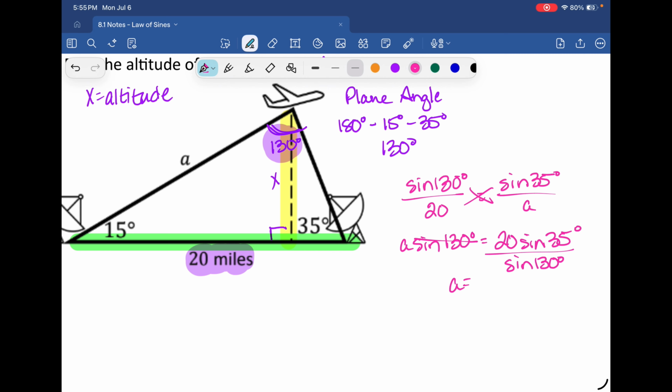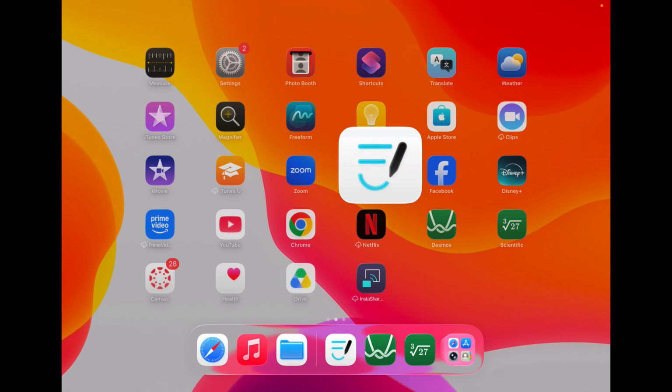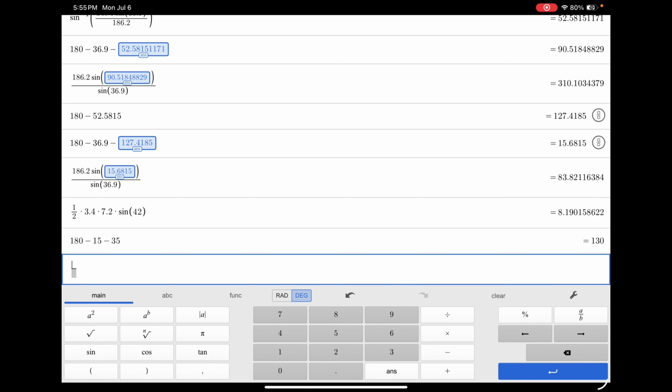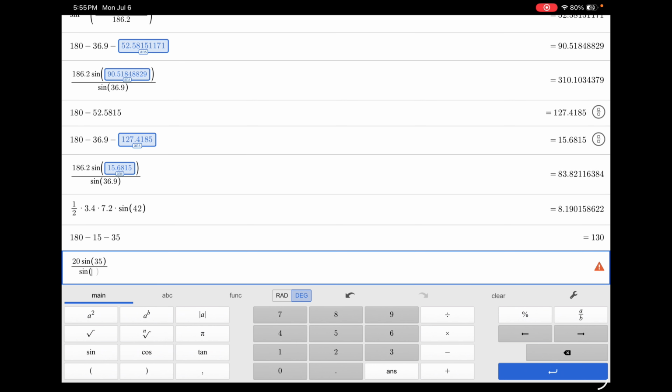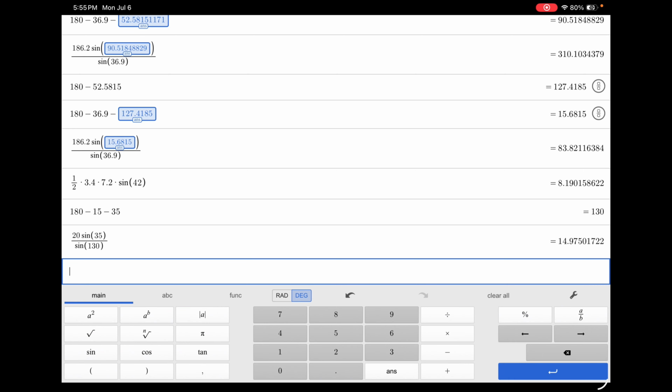Calculator. Sine 35 over sine 130. We get 14.975.